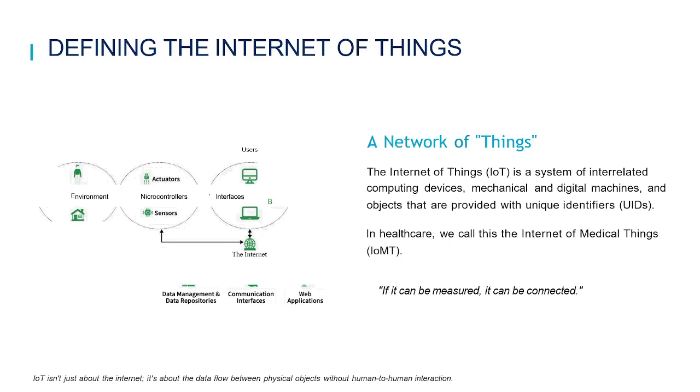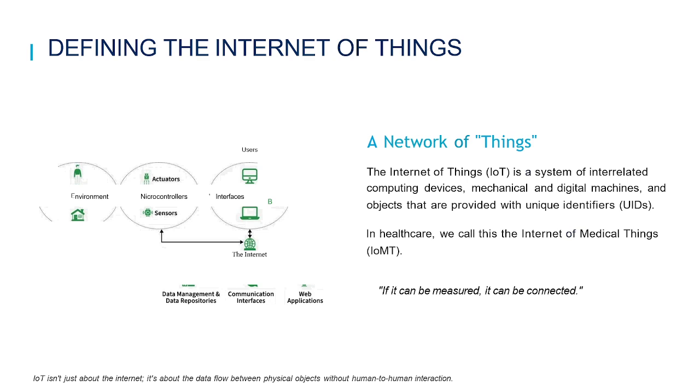Examples include smartwatches that monitor heart rate, glucose sensors for diabetes patients, smart ventilators in hospitals, and connected ambulances.